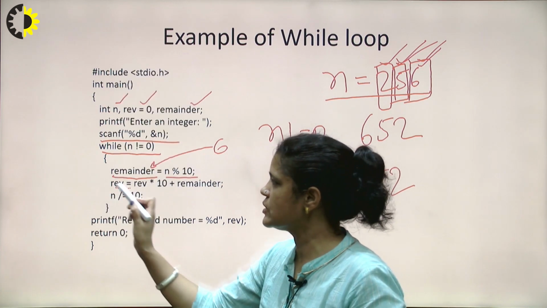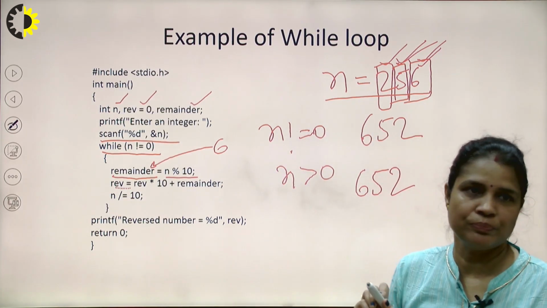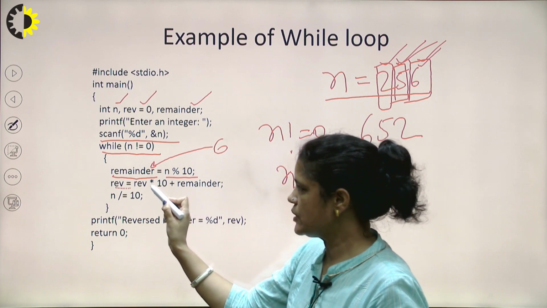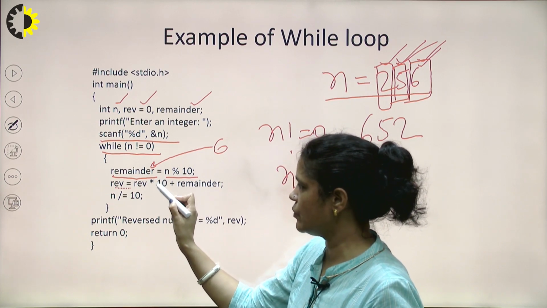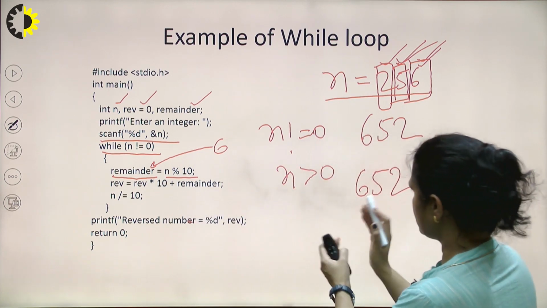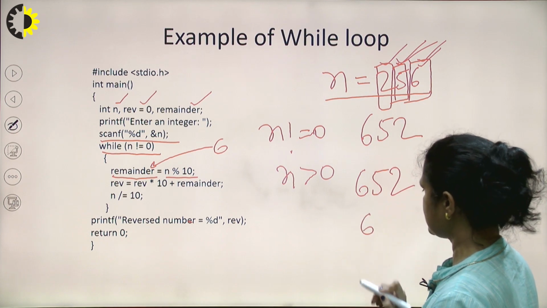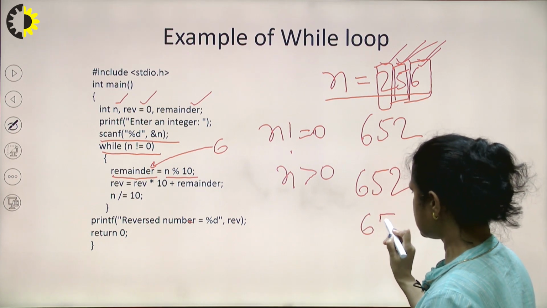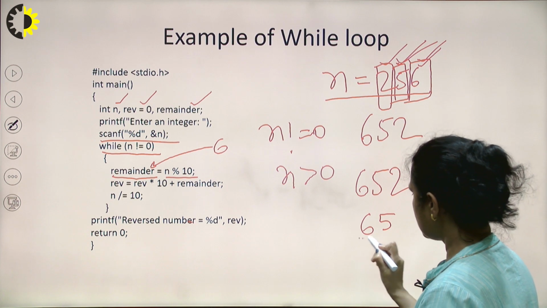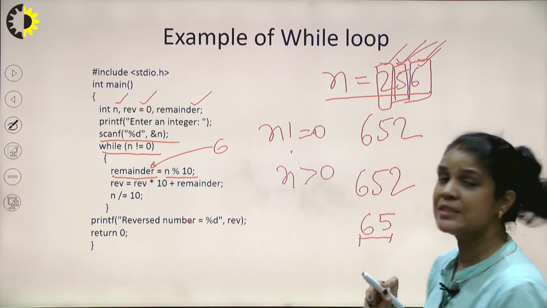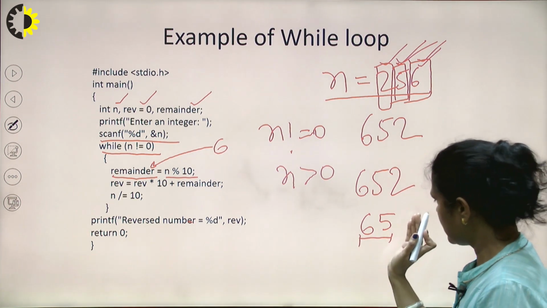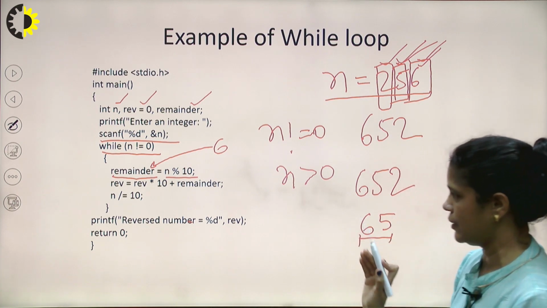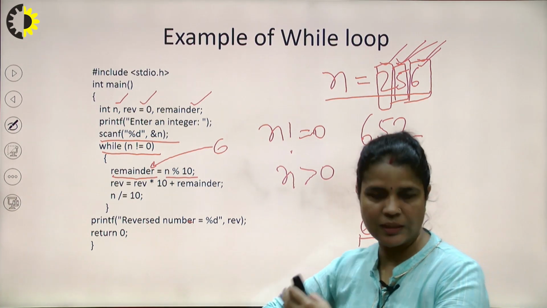We get the reverse number in the REV variable. Now the REV variable is 0 initially. So we are multiplying with 10 because we need to shift the digit every time. First we will get this, and when we get the next digit 5, then we need to write 65. So this 6 is shifted by the tens place.